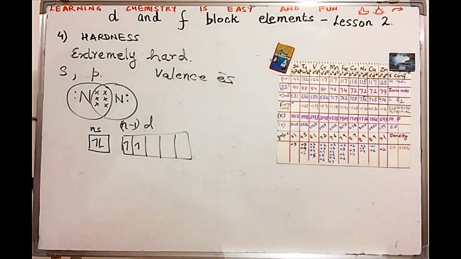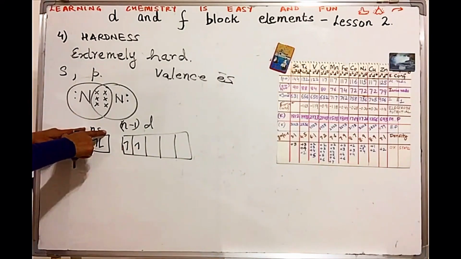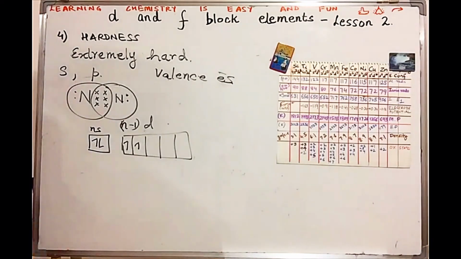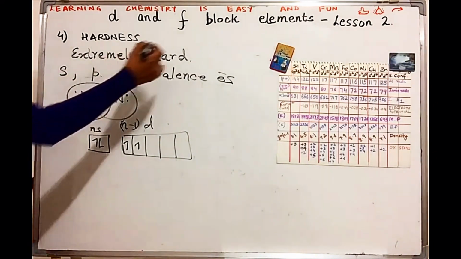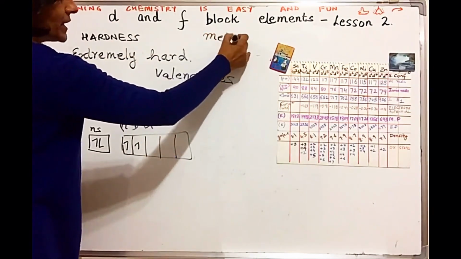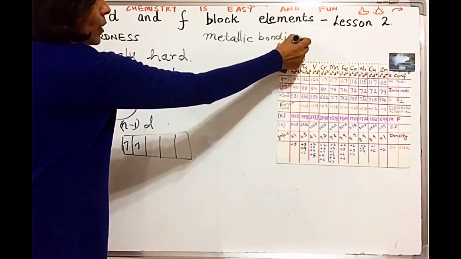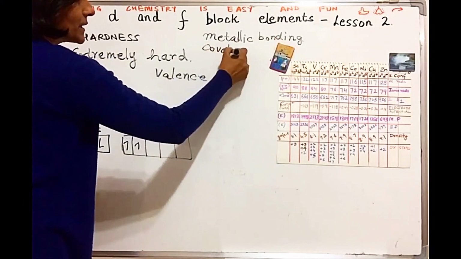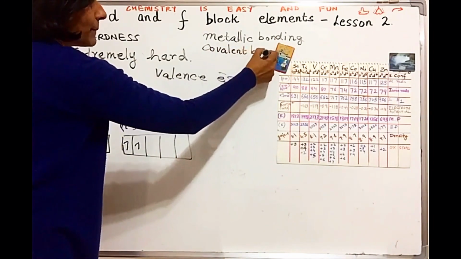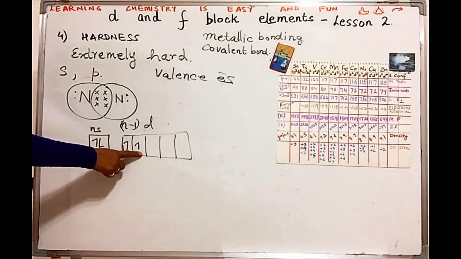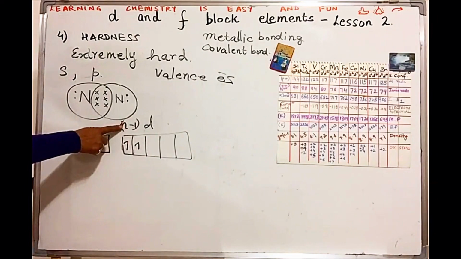And not just the s electrons of the valence shell, the n minus 1 d electrons also participate in bond formation. Now what type of bond formation? There are different views to this. It is metallic bonding, but according to new theories, it's a type of covalent bonding which is explained in terms of overlap of the unfilled d orbitals of the penultimate shell, right?